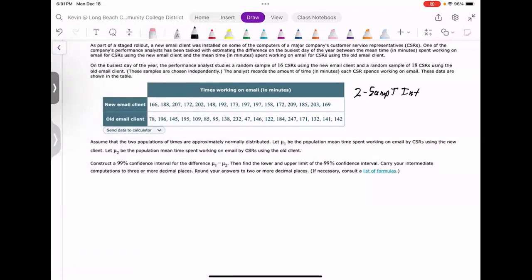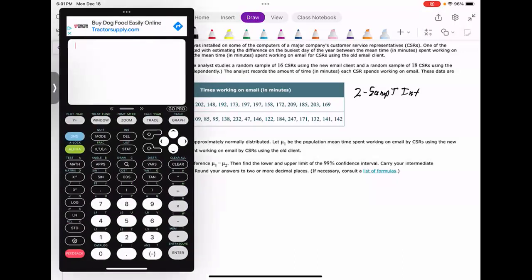Assume that the two times are approximately normally distributed. Let mu sub 1 be the new and mu sub 2 be the old. And we're going to be using a 99% confidence level. So let's do this. Again, you'll notice my lists are in list 5 and 6. Yours, you may need to pause the video to put the data in. So let's do our stat tests.